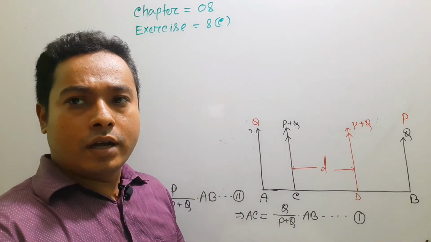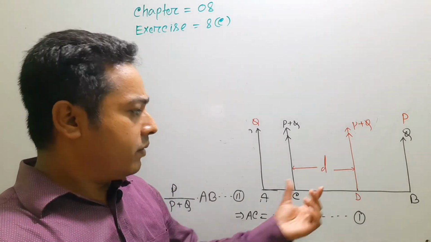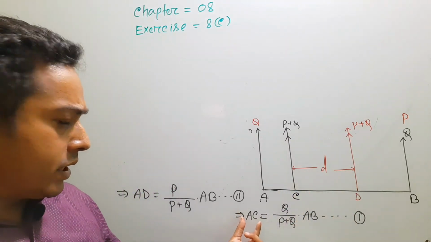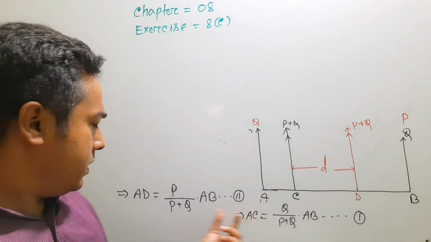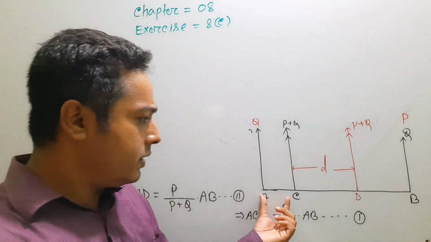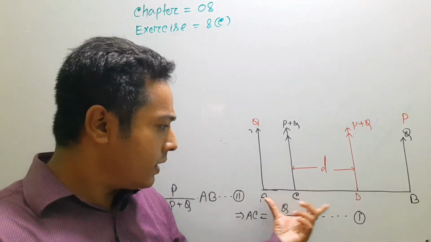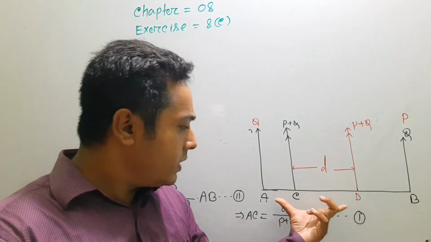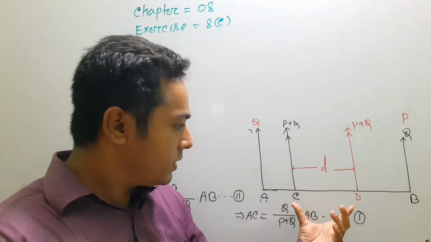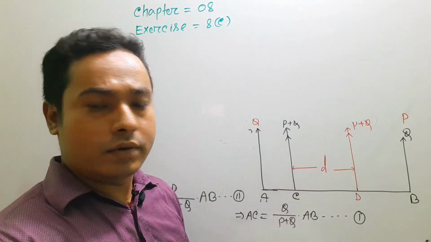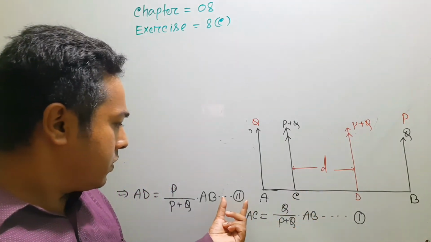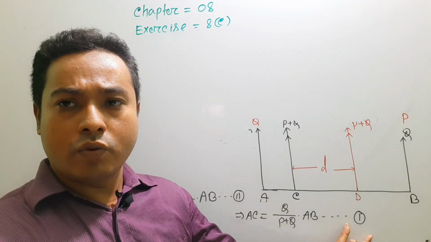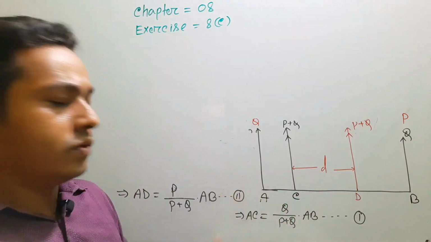Dear student, we want to find the value of D, which is CD. Here from equation 1 we have AC, and from equation 2 we have AD. The values of AC and AD are given, so what will be CD? AD minus AC is equal to CD. From this line we subtract equation 1 from equation 2.